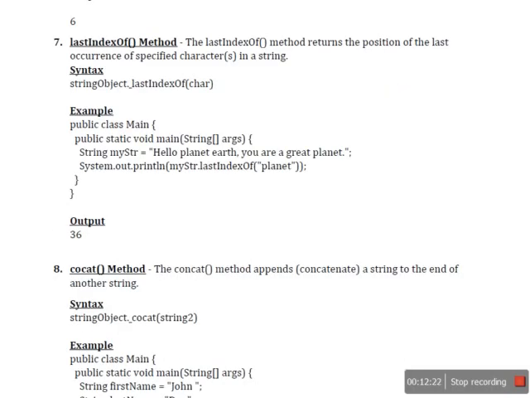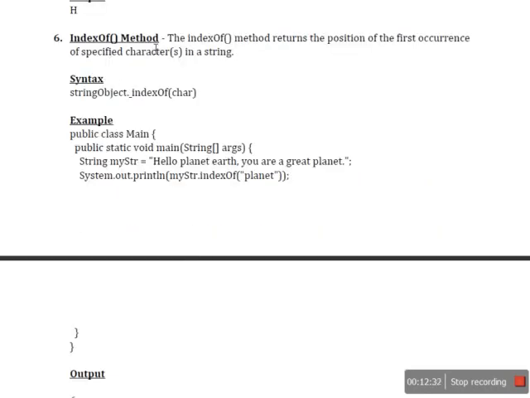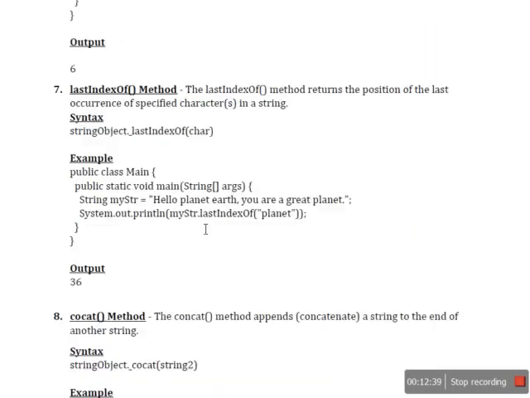Next up is the lastIndexOf method, which will return the position of the last occurrence of the specified character. So it is the opposite of the indexOf method, which returns the position of the first occurrence of the specified characters. But in case of lastIndexOf, it will return the position of the last occurrence of a specified character.